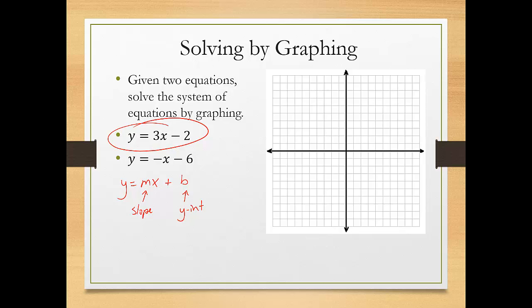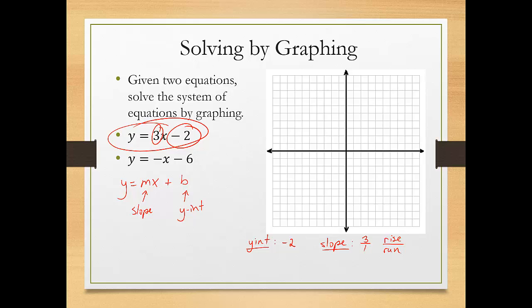So for our red line, let's first find our y-intercept, because you need to find your y-intercept before you find your slope. And your y-intercept for this line is -2. And then your slope is going to be 3 over 1, because we're always going to have rise over run.